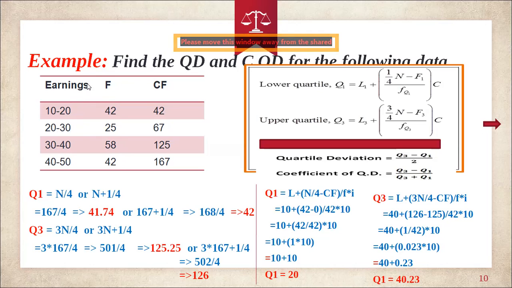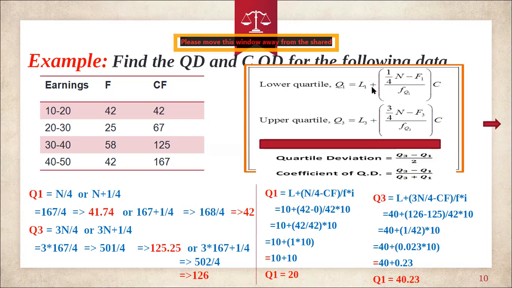When the data is in a continuous series, the formula changes quite a bit. Before finding Q3 and Q1, we need this formula for the lower quartile and upper quartile. Lower quartile is Q1 and upper quartile is Q3. Whatever we calculated for the mean and median, the formula is more or less similar, but there is some difference.